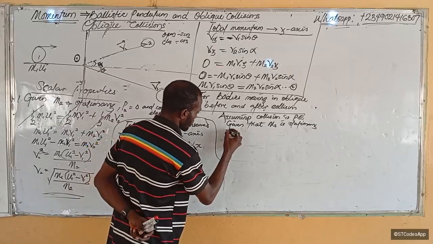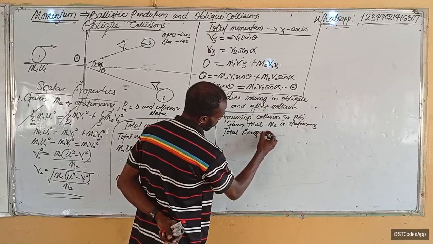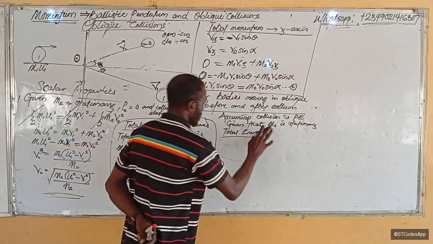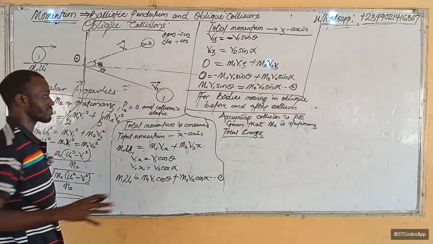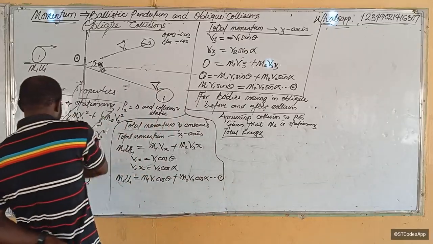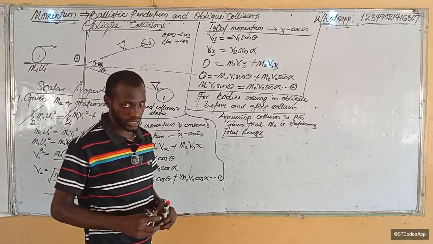So for energy, let's talk about total energy. Why am I starting with total energy here? The reason is because for oblique collisions, energy is the same. So if M2 is stationary, then this is the case. We're not doing much here. This is the same formula we have when M2 is stationary.